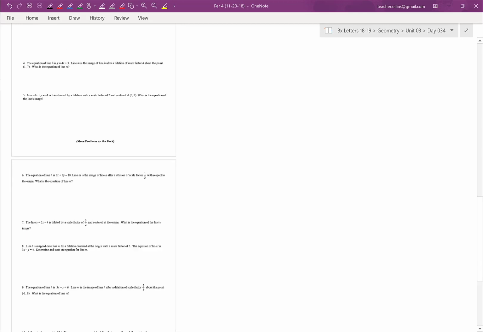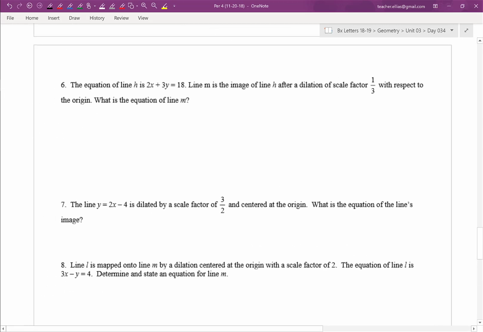Then you're going to skip to the back and do 6, 7, and 8. So 1 through 3, skip to 6 through 8. I'll leave that up for now. I'm done talking. All we're going to do is practice those.